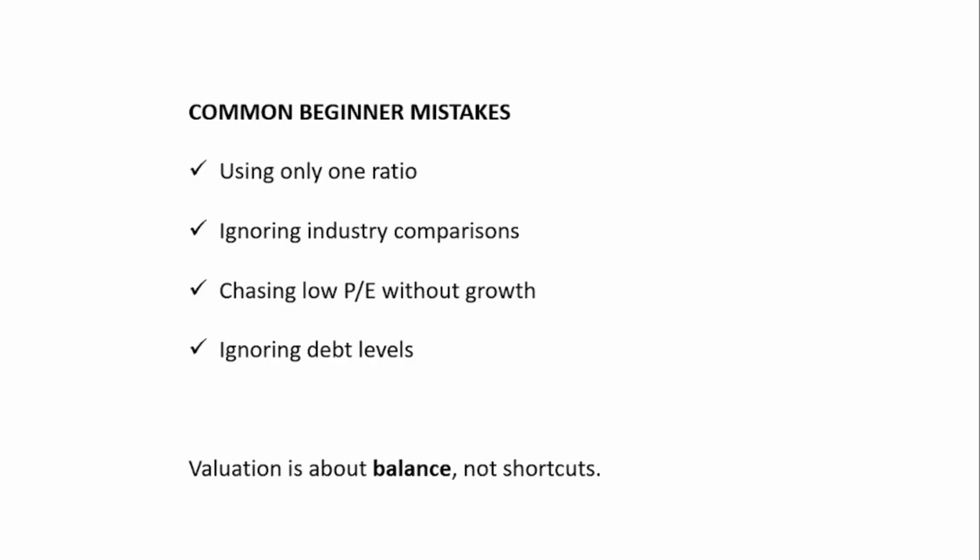Each stock should be compared with the same industry because every industry has different values. Third, chasing a low PE with zero growth or low growth. The last one is ignoring debt values. So valuation is about balance, not shortcuts.